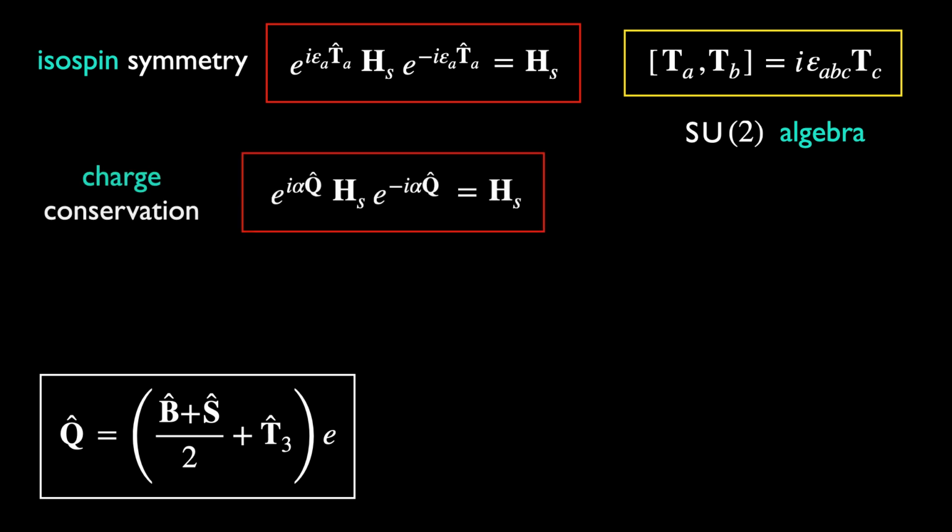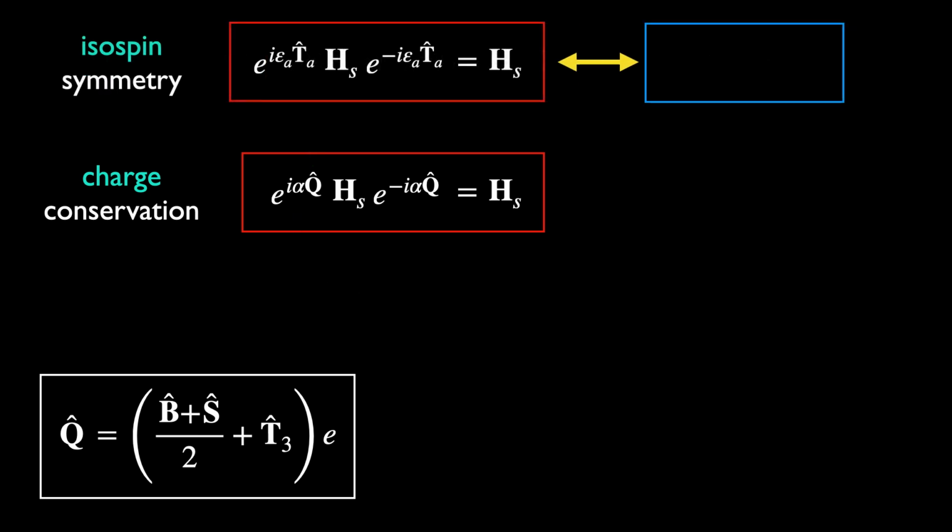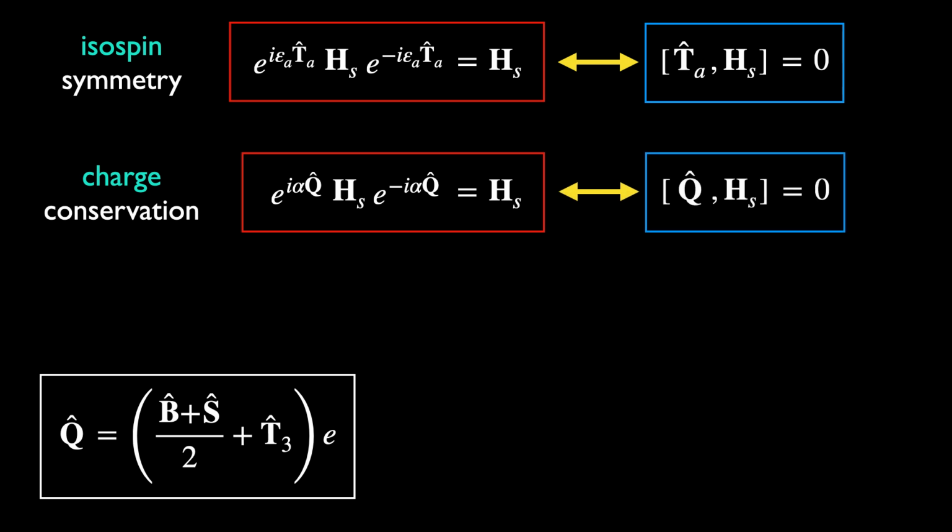This second symmetry is exact, as far as we can gather from all our observations, while the isospin symmetry is an approximate symmetry since the masses of all the particles within its multiplets are not exactly equal. Alpha is a real parameter associated with the transformation generated by Q. These symmetries imply that their generators commute with the strong Hamiltonian.